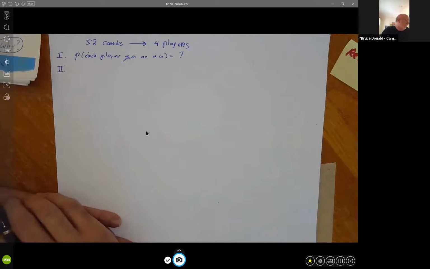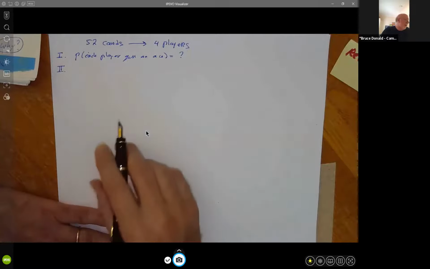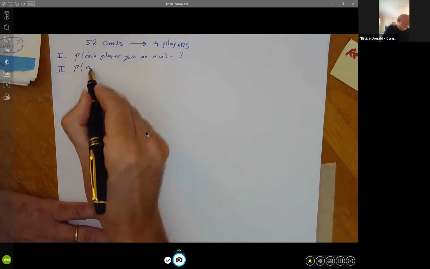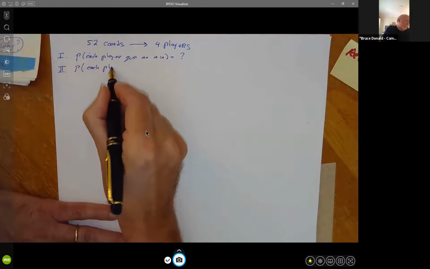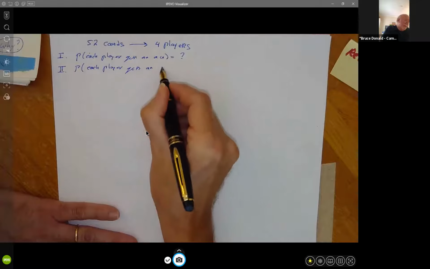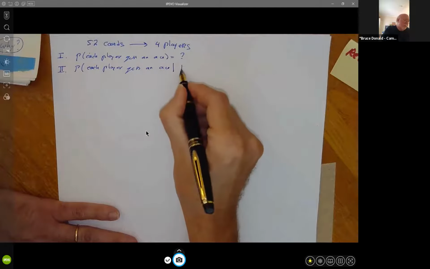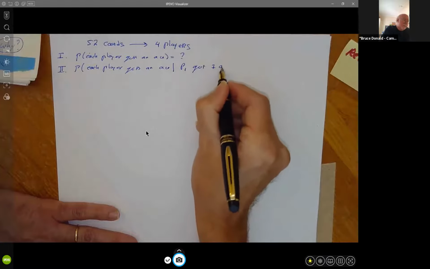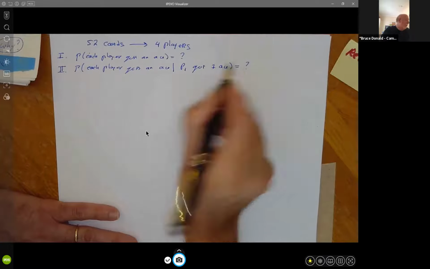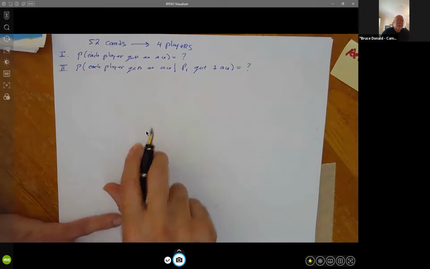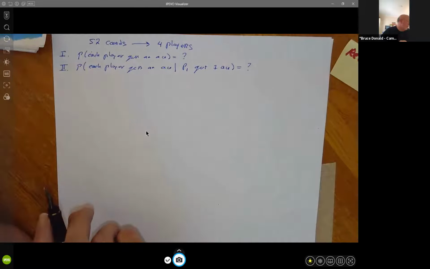Suppose you're a player, and suppose you get a single ace. What then is the probability that each player gets an ace, given that player 1 got one ace? Let's see how we can work that out with our newfound refresher in combinatorics and some definitions of probability.